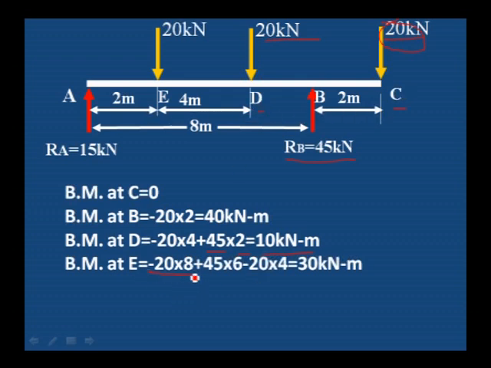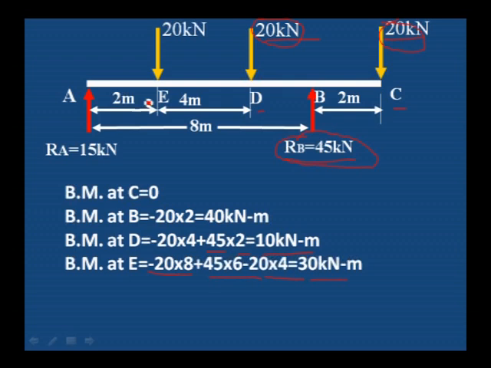And then the 45 RB value, 45 into distance 6 meter, E to B is 6 meter, since D to B is 2 meter plus 4 meter, 6 meter, minus 20 into distance 4 meter, 20 into 4. Therefore, bending moment at E is equal to 30 kilonewton meter.